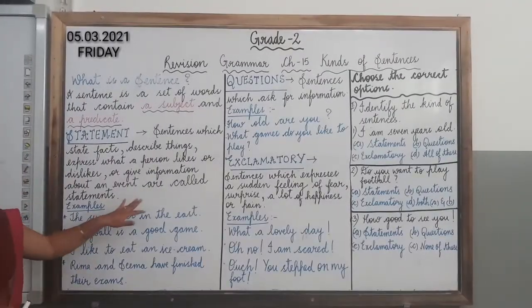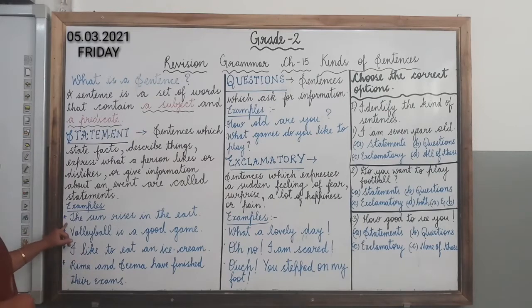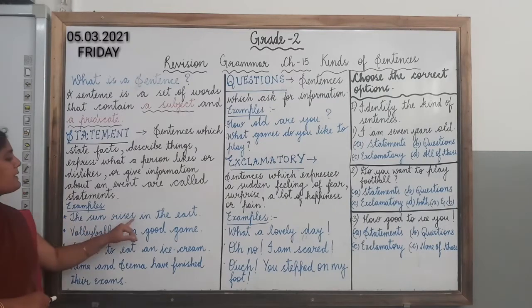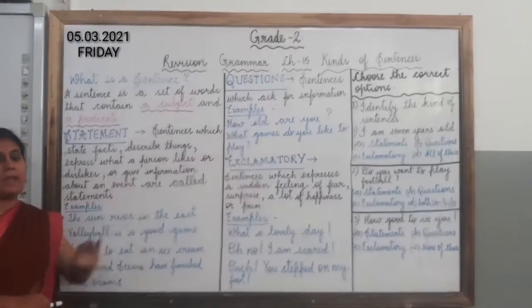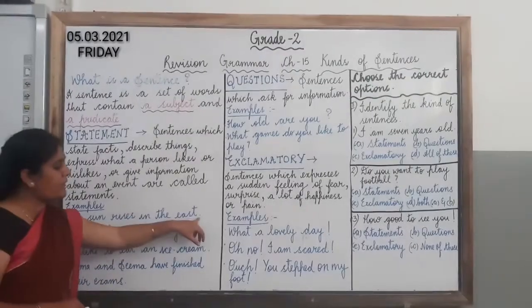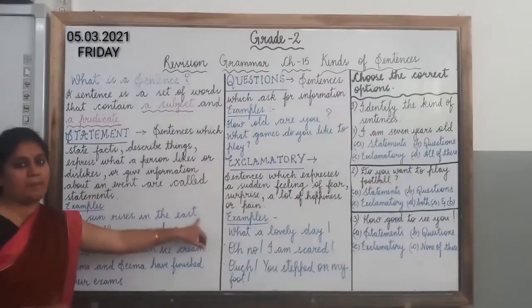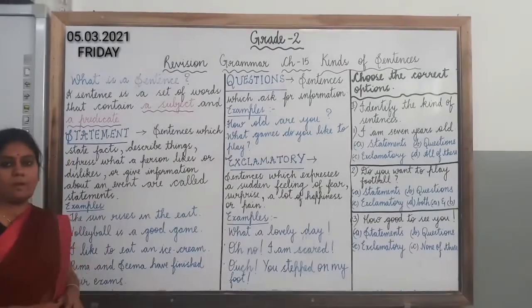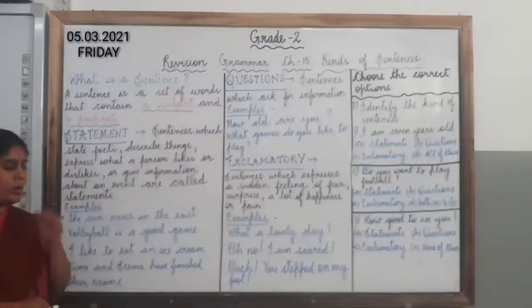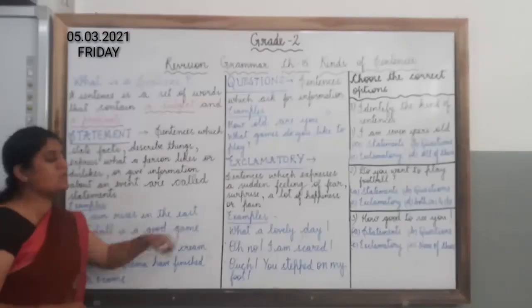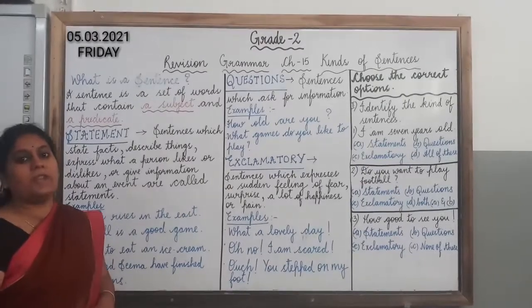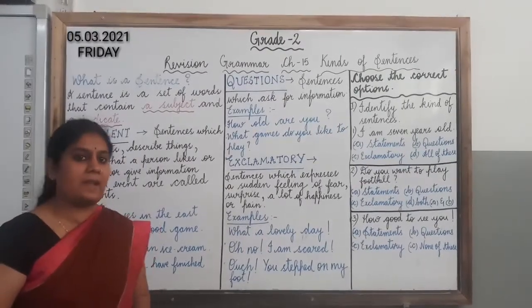Understood children? Now here I have written few examples. The first sentence is, the sun rises in the east. As you can see at the end of the sentence, when the sentence is completed, here you can see full stop is used. So this is the easiest way to recognize which type of sentence it is.